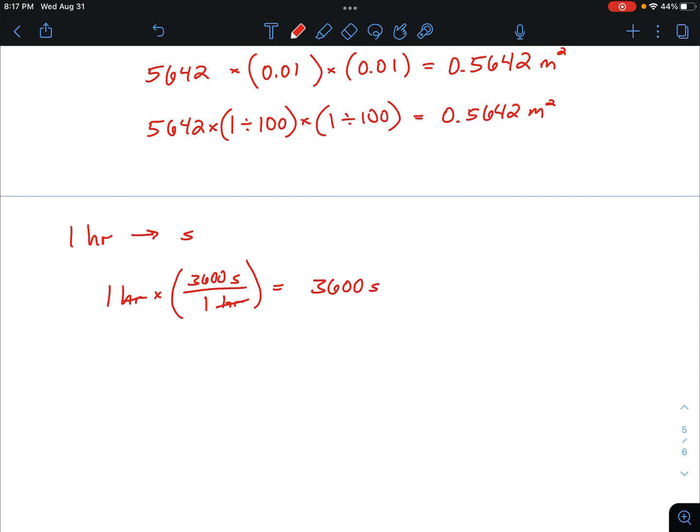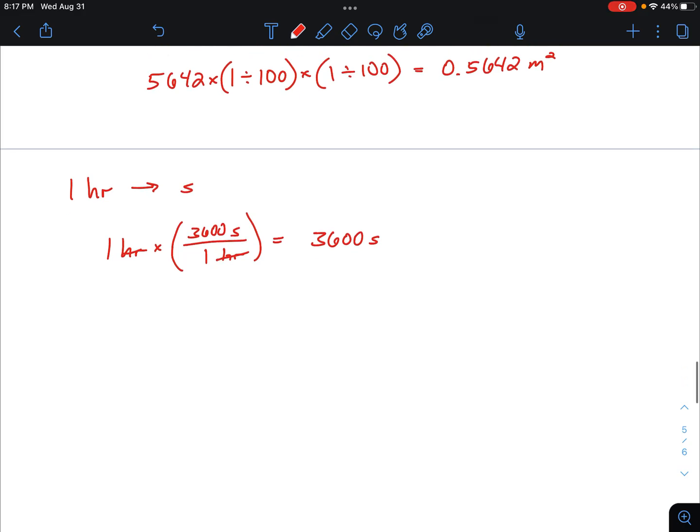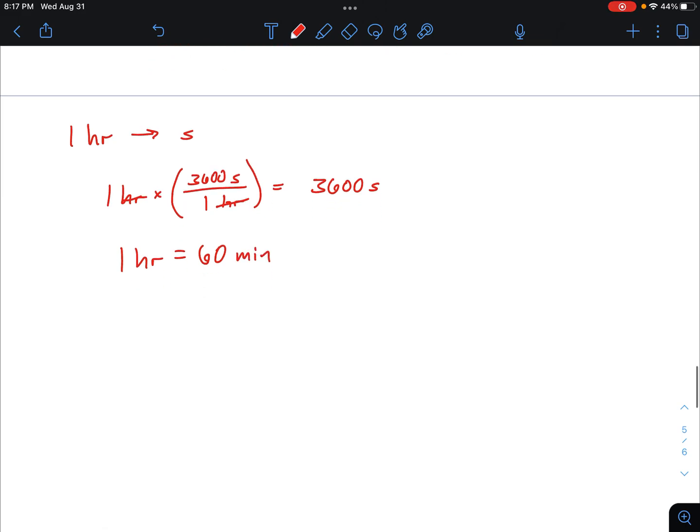Let's say that you didn't know that there were 3,600 seconds in an hour. Well, you do know that in 1 hour, there's 60 minutes. You also know that in 1 minute, there's 60 seconds.